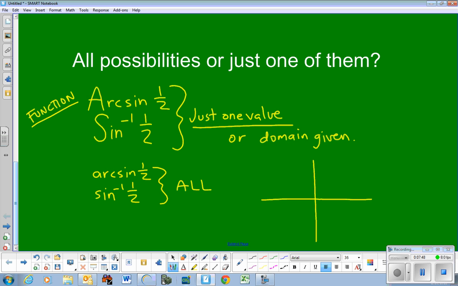If it is an arc sine, or an arc tangent, or an arc cosecant, I want the answer that lives between negative 90 and positive 90.